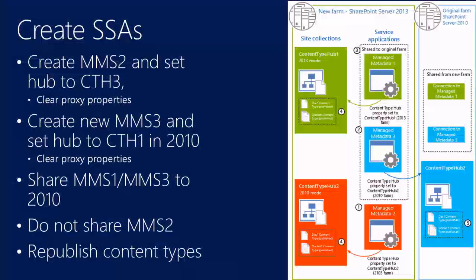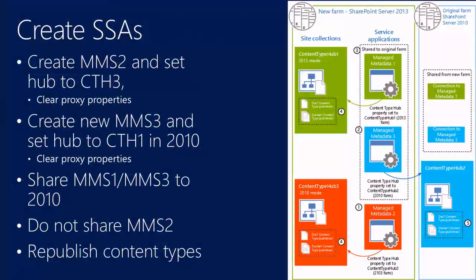Next, since I have all those hubs out there, we're going to set up multiple shared service applications, three of them in 2010. One is going to be the master term store for everything, and the content type of record for content types for 2013 sites. The second one will supply the same services to 2010 sites on the 2013 environment.